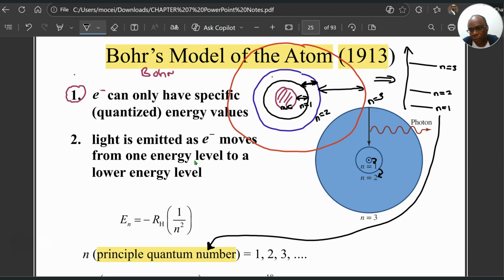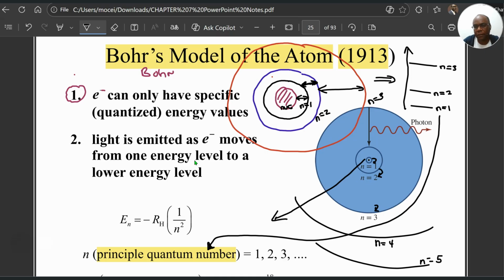The second circle will be principal quantum number 2, and the third will be principal quantum number 3, and we can have n equals 4, n equals 5. So you're counting these energy shells outwards that way, like 1, 2, 3, 4, 5, and so on.